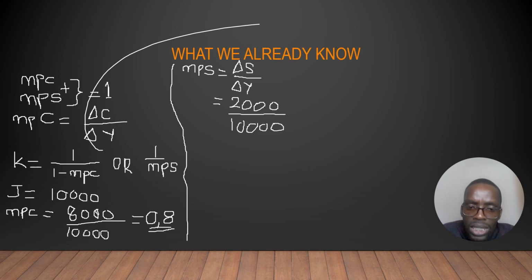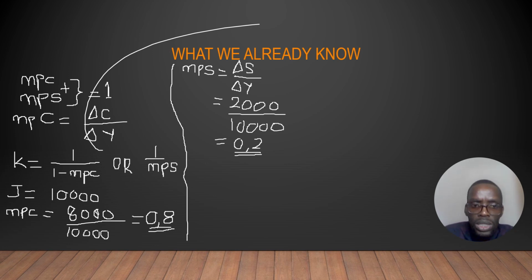Right. So our MPS becomes 0.2. If you press 2,000 divided by 10,000 on your calculator, you get 0.2. So that's your MPS.